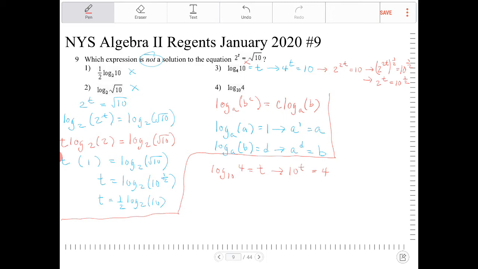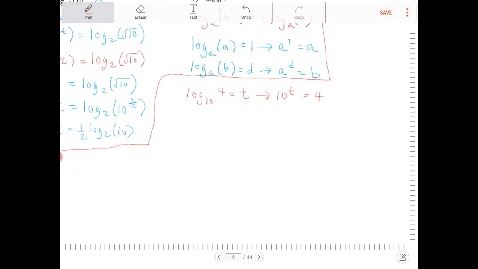An alternative way of explaining why option 4 doesn't work is to solve this problem using log base 10. So if I have 2 to the t is equal to radical 10, and I solve this using log base 10, I take log base 10 of 2 to the t is equal to log base 10 of radical 10.